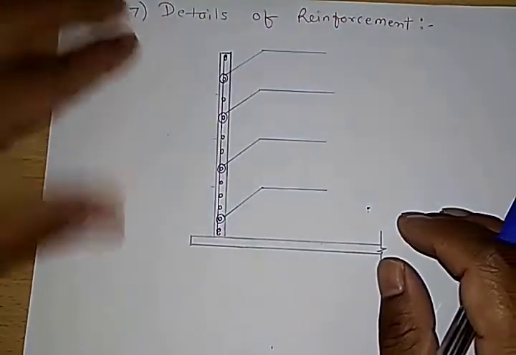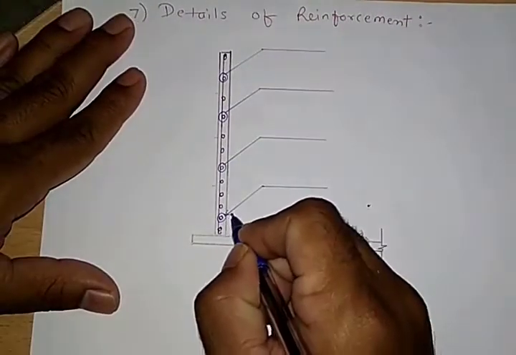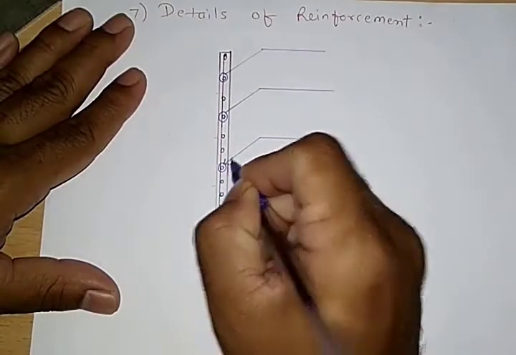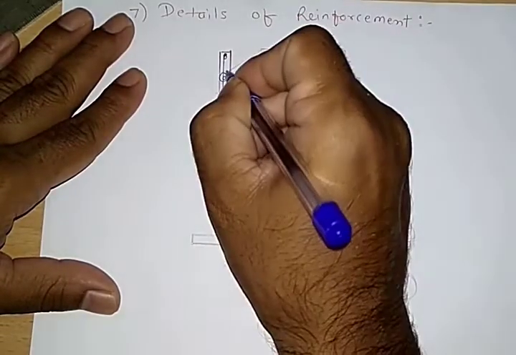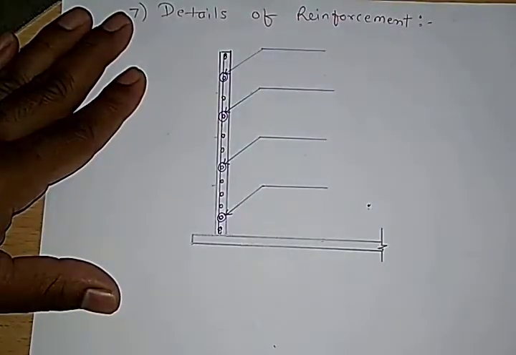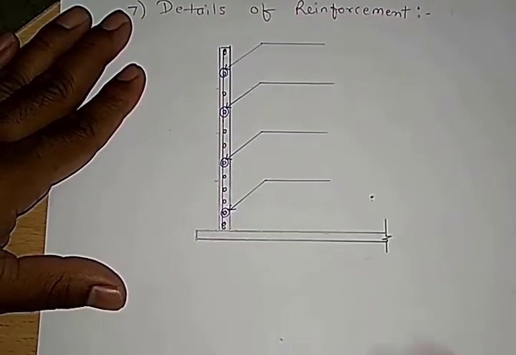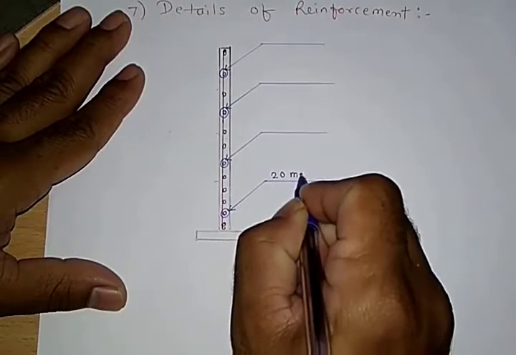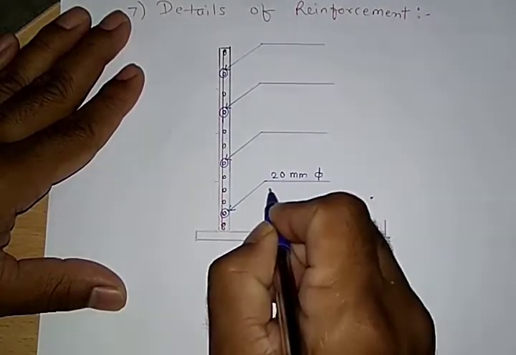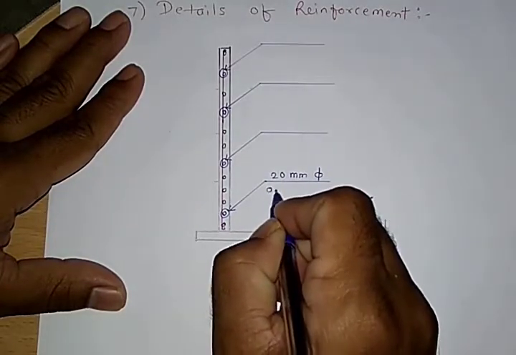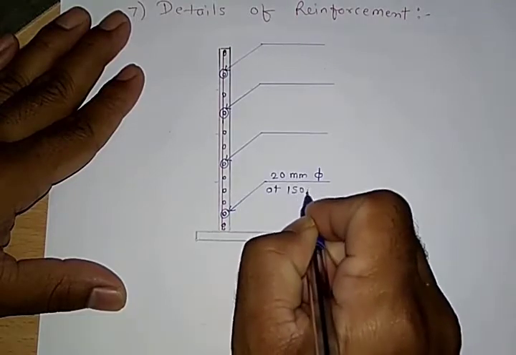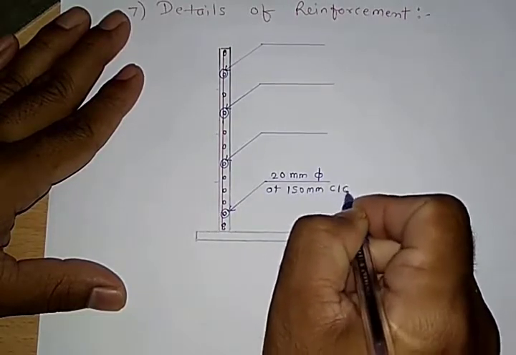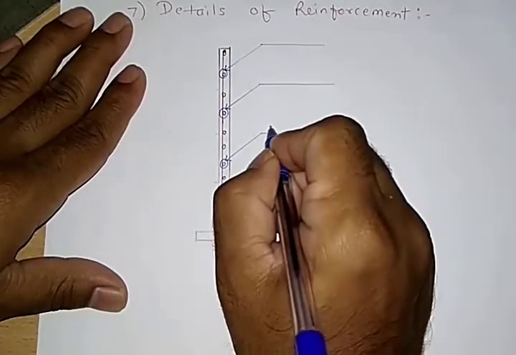And you have to mark the arrow here, so it is understood that this is actually the hoop reinforcement which we want to show. So here it is 20 mm diameter bars at 150 mm center to center. Now this spacing goes on increasing.